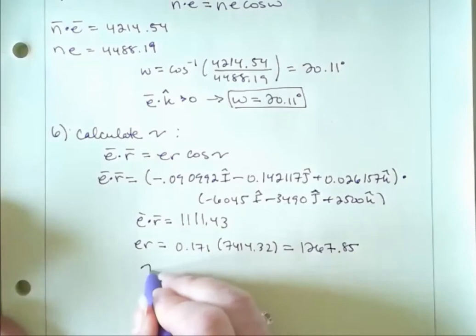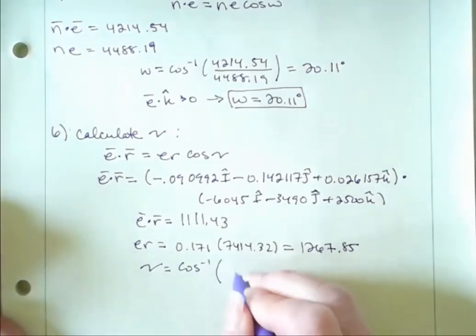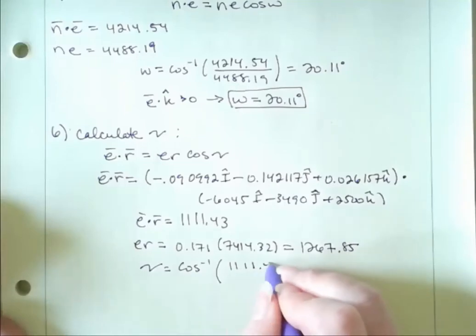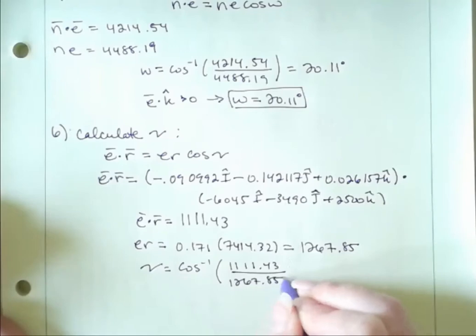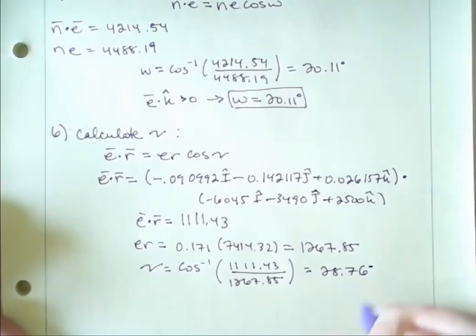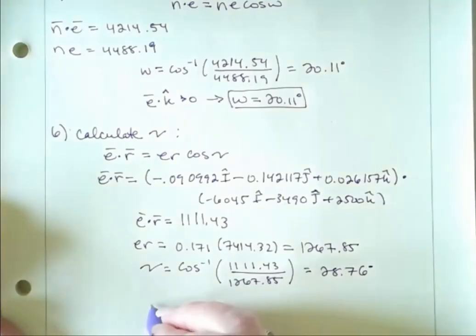So now you can find nu. So it's the arc cosine of the 1111.43 over 1267.85. So that gives you 28.76. And as we saw in class the other day, you can have two true anomalies at a given R. So gotta check for the signs.